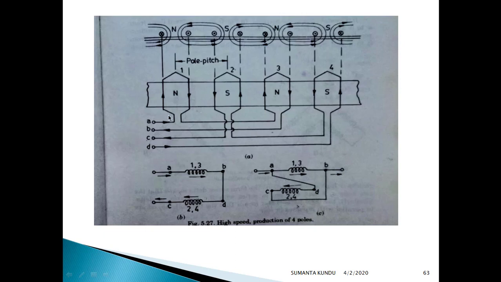So through A the current is entering, through coil number 3 going in and exiting through B. Whereas in this case, it is going in through D and exiting through C. Now in 1 and 3 the current is entering. So now B and D are shorted.